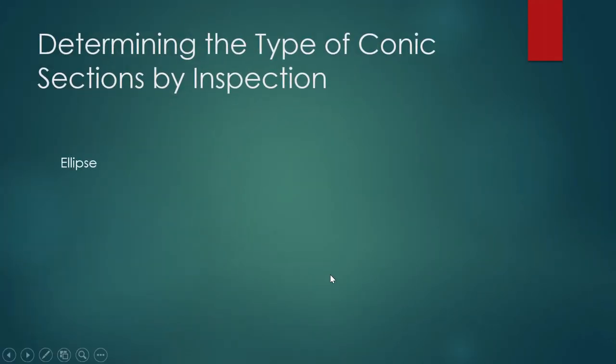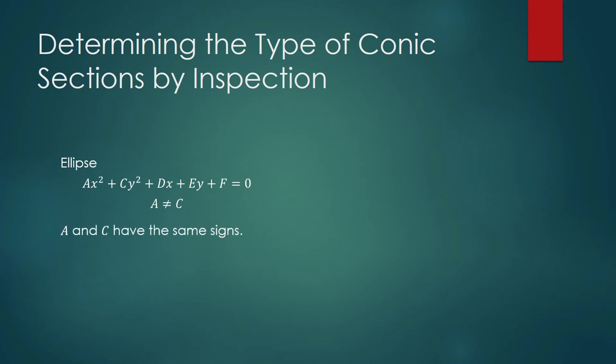How about for an ellipse? Okay, so for an ellipse, A is not equal to C, but it doesn't mean that A and C would have to be always both positive. They can be both negative. So for our ellipse, A and C must not be equal, but they must have the same signs.